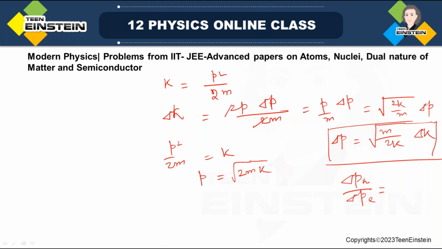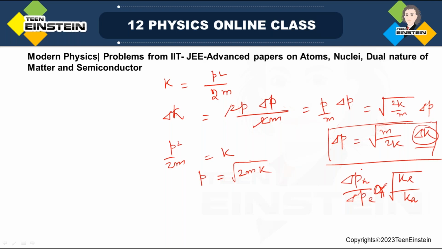So this is root over 2K, and the term 2m by 2 will get cancelled. Let us take this as constant anyway. So it will be actually K emission by K alpha.